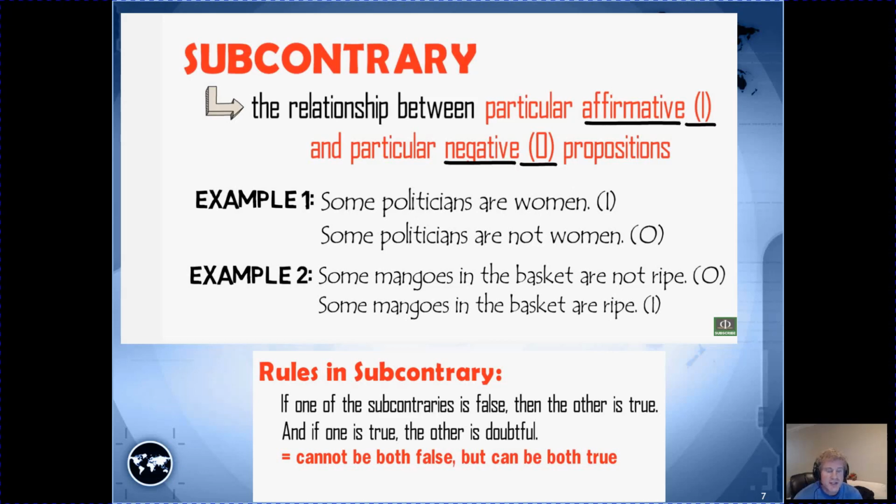Some mangoes in the basket are not ripe. Some mangoes in the basket are ripe. Okay? So rules, if one of the sub-contraries is false, then the other is true, or if one is true, the other is doubtful. All right, this means both cannot be false, but both can be true. Okay? It can be true that some politicians are not women.